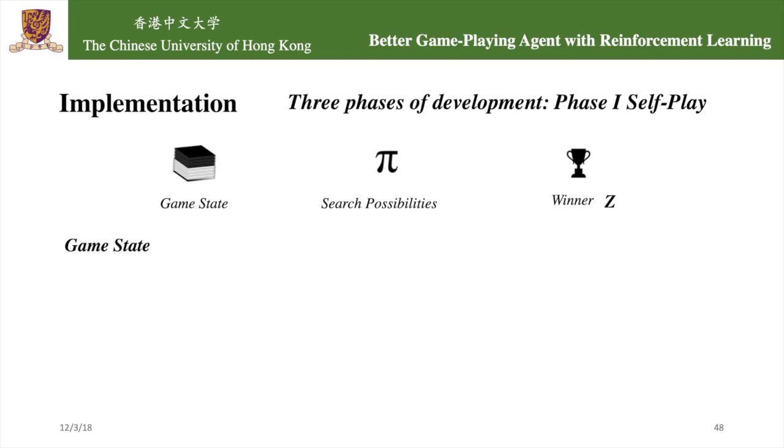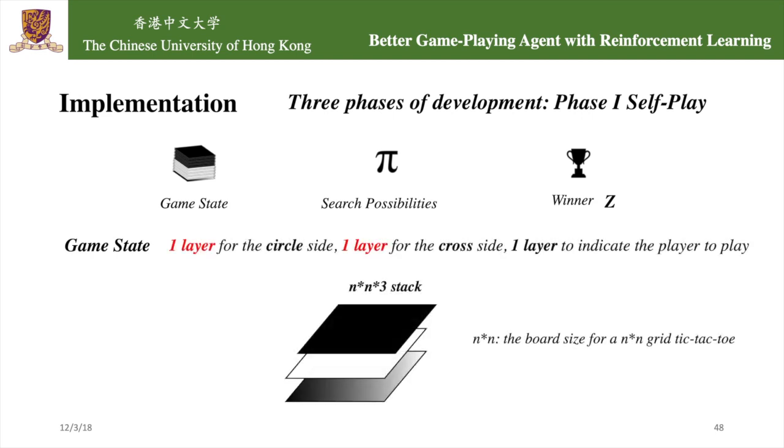Similarly, for each move during the self-play, we state the 3 pieces of information. But since tic-tac-toe is much simpler, we only have 1 layer for the circle side and 1 layer for the cross side. For the game of Go, they have 8 layers for one side because the 7 layers below serve as the history indicator.